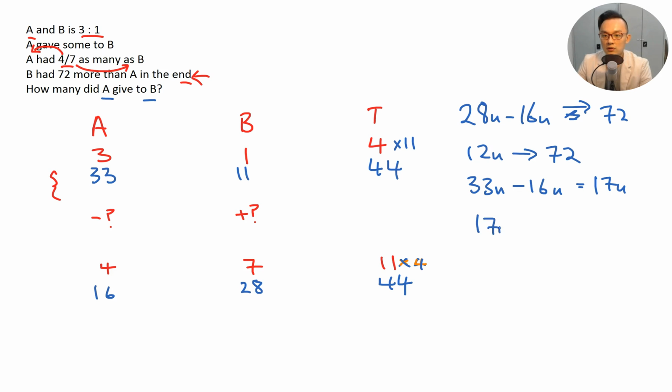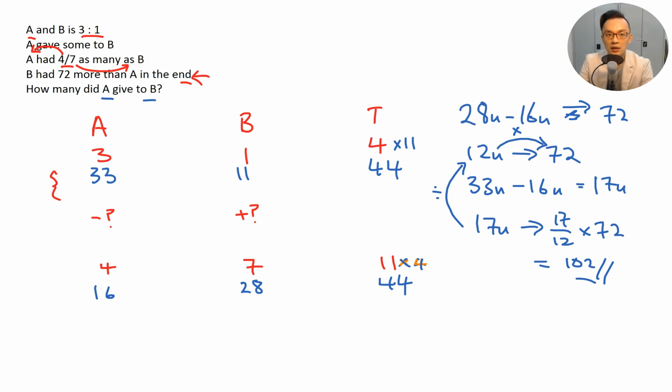And therefore 17U is how many? I take 17 divided by 12 times 72. So it's 17 over 12 times 72. That gives me 102. Alright, so how many did A give to B? So A gave 102 to B.